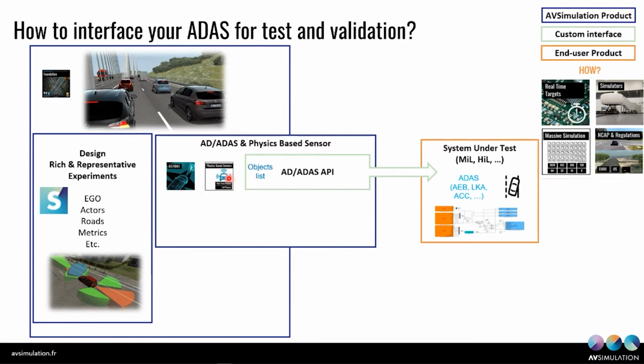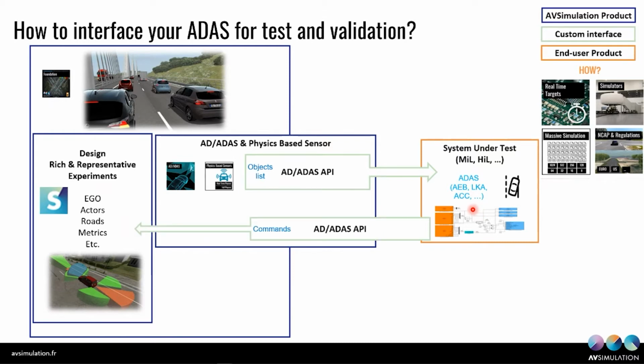And when you simulate the sensors, you can also access the sensors' output in real time using the API that's provided. So typically, you will get something like an object list, or if you use physical, that will be raw data from sensors, like a Doppler map or whatever. And you can, using the API, feed your ADAS system with simulated world information.